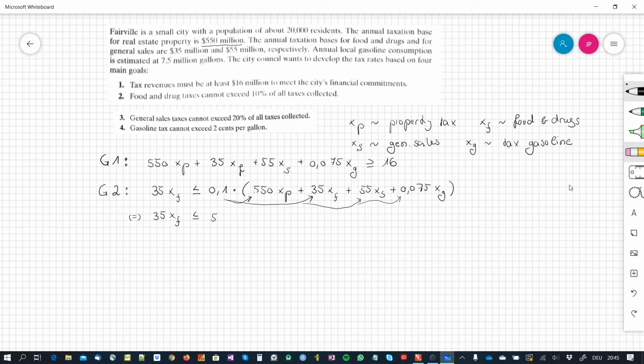So this becomes 55 XP plus 3.5 XF plus 5.5 XS plus 0.0075 XG. And now what we can see is that we have here larger equal to, and here we have a smaller equal to, so we want to rearrange the terms a little bit.